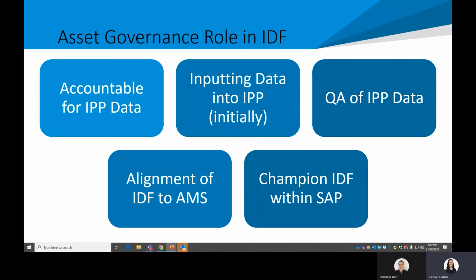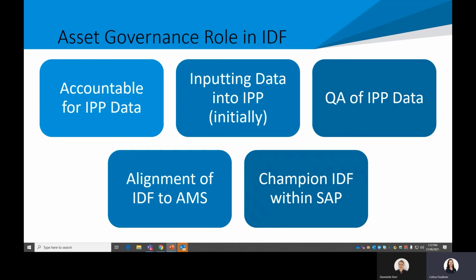The next one is about the QA of the IPP data, and that becomes critical when we've got people directly entering data, and making sure we set up in those processes the workflow processes for the approvals at gates, that ability for asset governance to do those QAs.